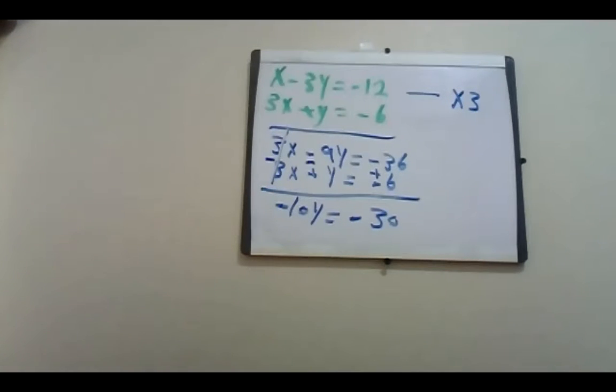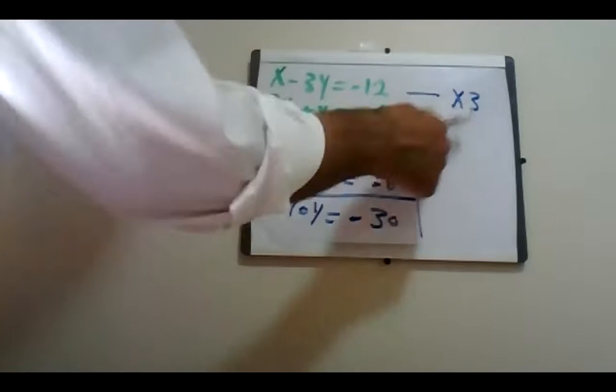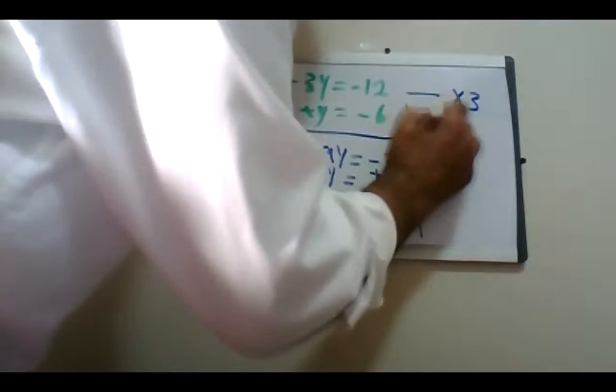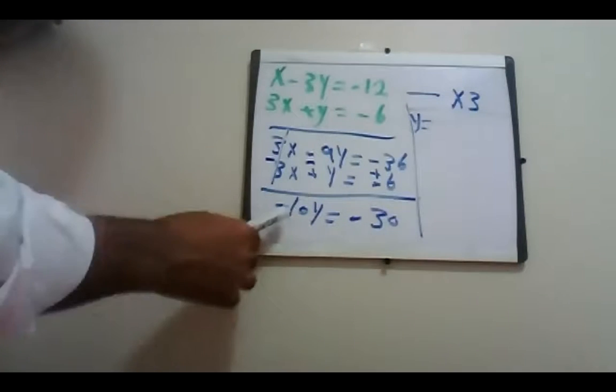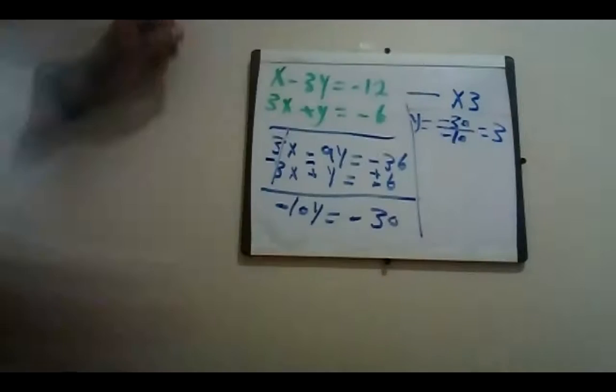Then y will equal, I will complete it here in this part, the far side divided by the close one. So minus 30 divided by minus 10, which will be 3.